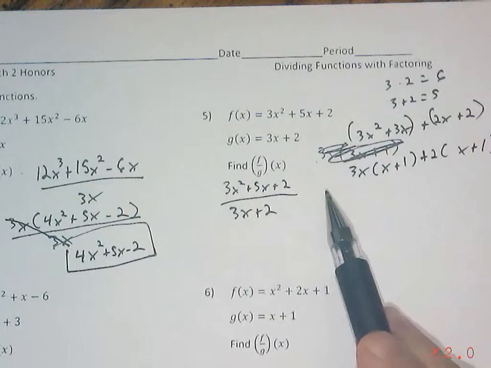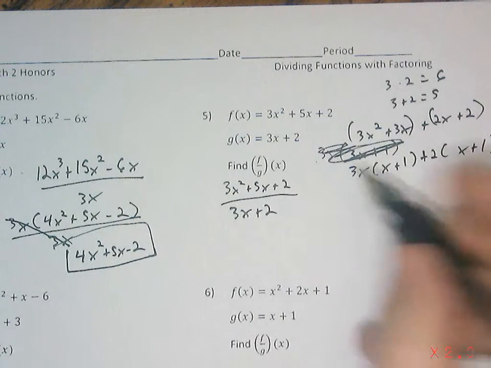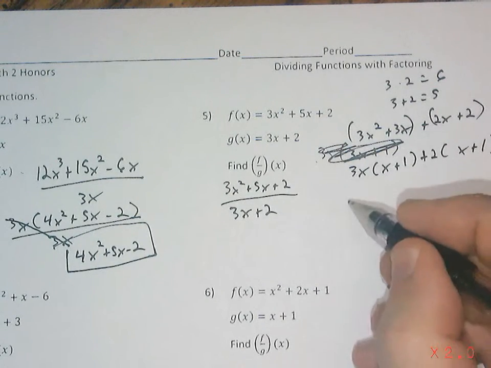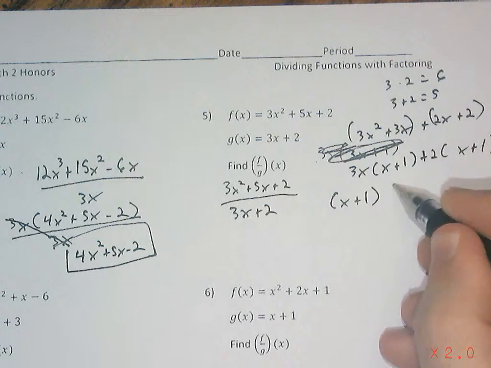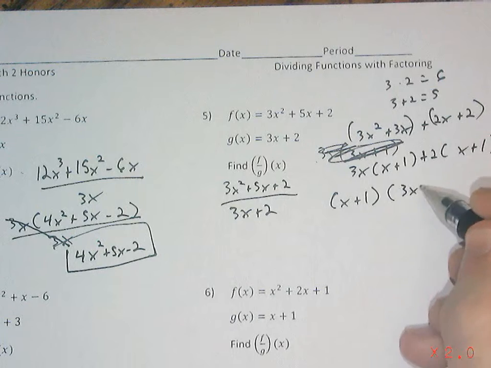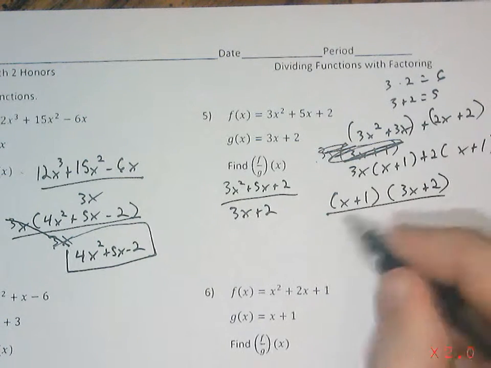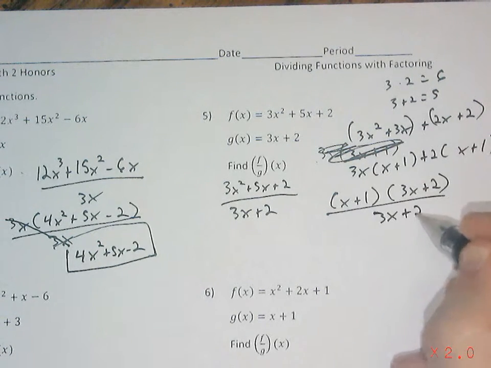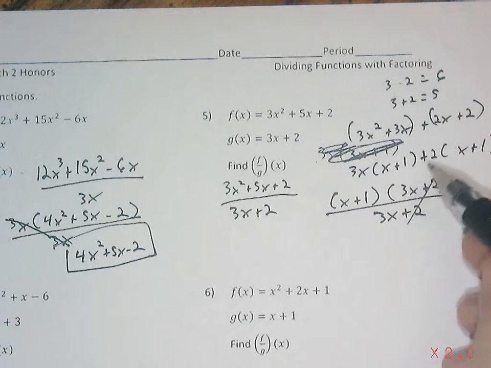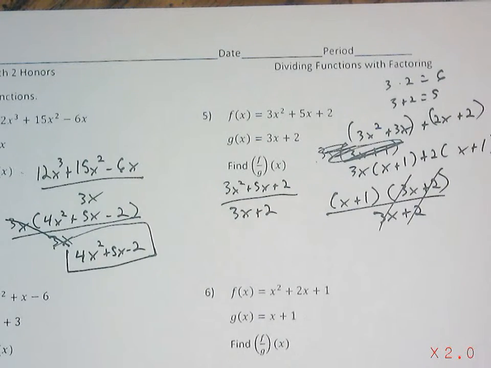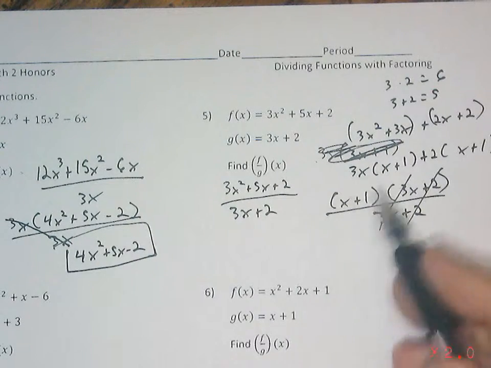So I can factor out x plus 1, and I'm going to get x plus 1 times 3x plus 2, and that's all being divided by 3x plus 2. Hey, look at that. These should cancel out, and what I'm going to be left with is x plus 1.